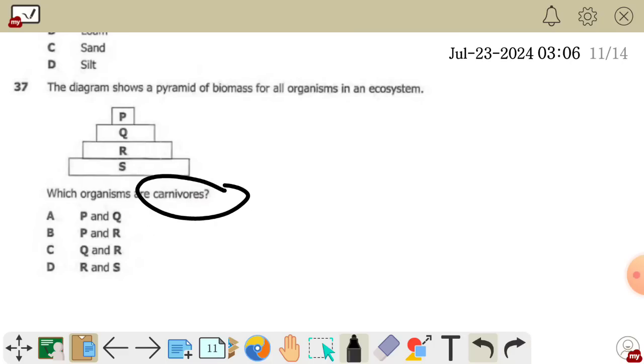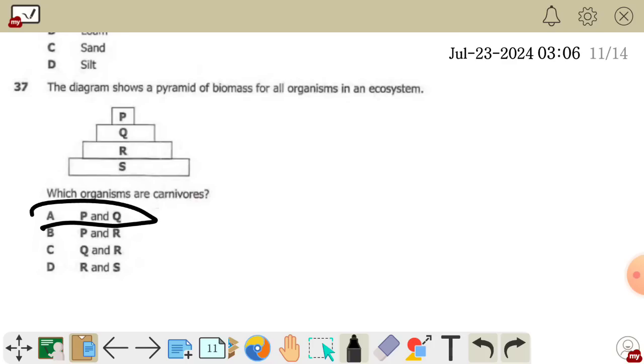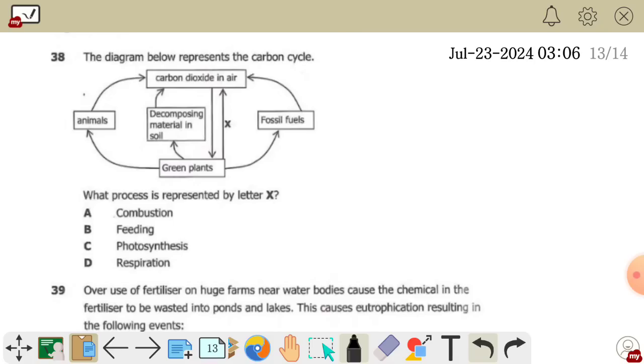More or less like a lion is a carnivore. We have a cheetah is a carnivore, a hyena is a carnivore. So in that group Q we have carnivores. Then on P as well we can have carnivores which can feed on Q. So P and Q are carnivores. The correct answer there is A.